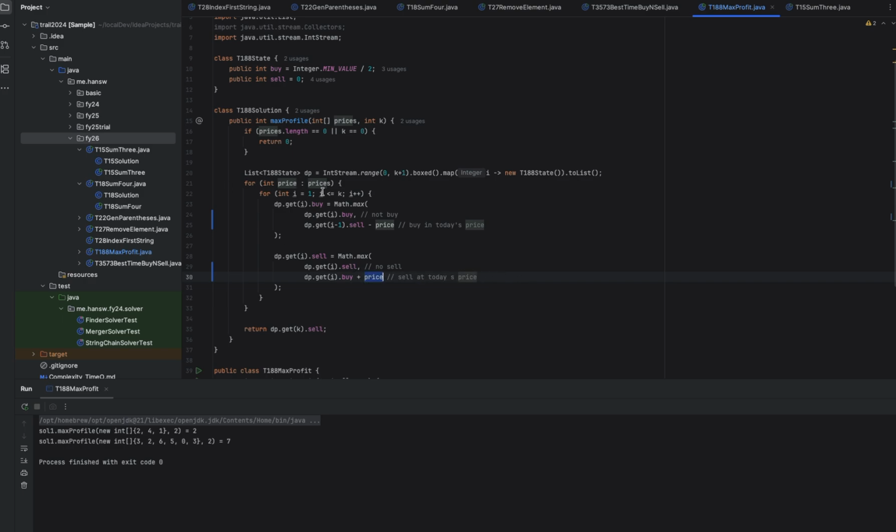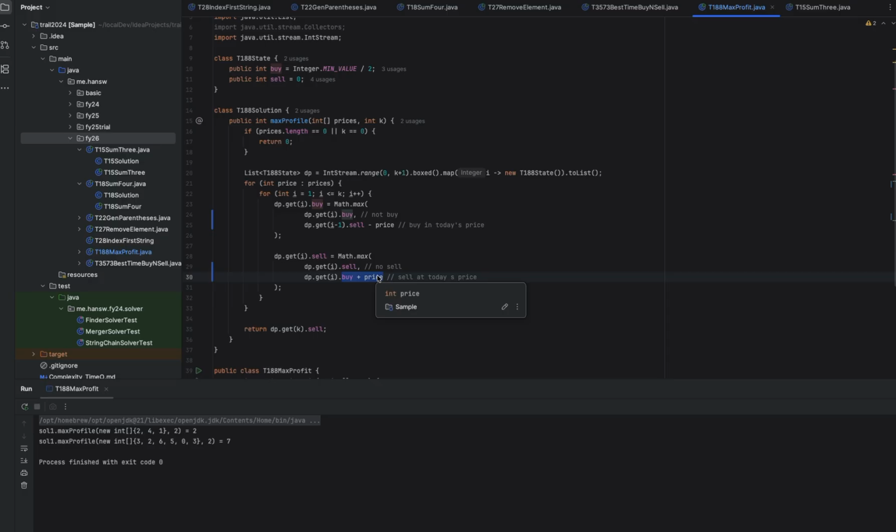As we loop through all the k transactions and all the prices, we impact all the transactions we can make throughout the time series. Finally, at the last transaction we take its final sell position, because we have to clear all the stock on the last day, whether it is no sell or a sell at the last price.